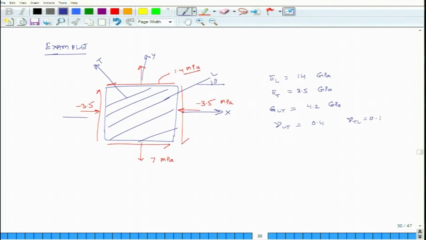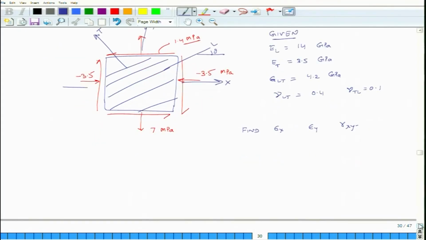So, these are the 5 material properties we already know in the LT plane. So, this is given. We have to find all the stresses and strains. So, we have to find epsilon x, epsilon y, gamma xy. So, how do we do this?